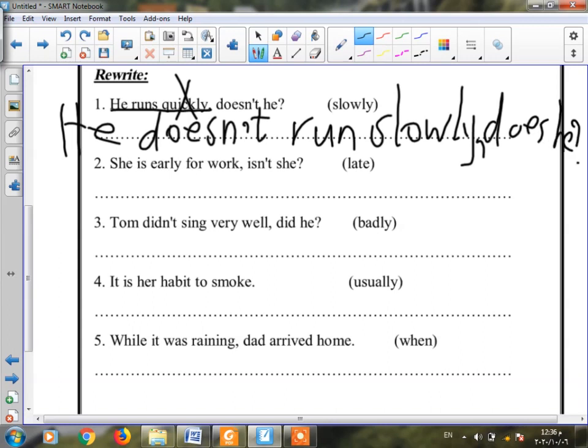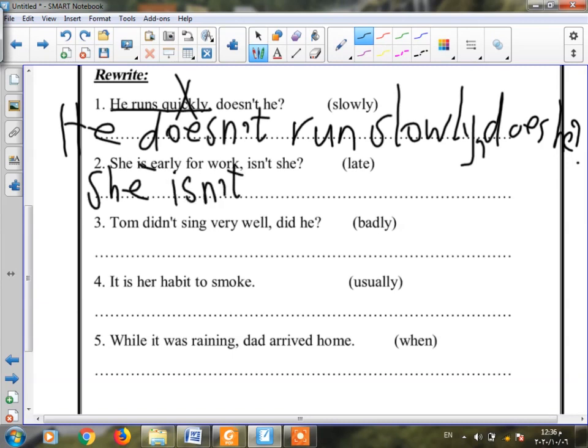Okay. Let's do the second one. It's the same, I think. She is early for work. Okay. So if you write it, you will find that she goes to work early every day. Okay, I'm going to write she, but also the same, I'm going to change is into isn't.